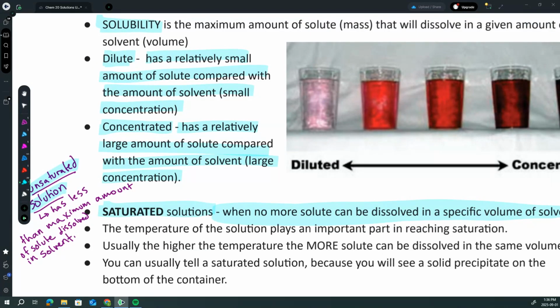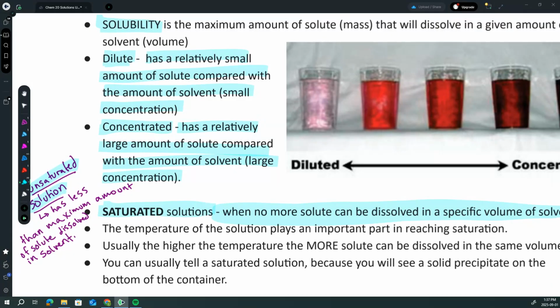Now, with creating saturated solutions, the temperature of said solution is going to be an important part of creating saturated solutions. Okay, so if you're thinking about a glass of water and trying to dissolve salt in it, you're going to be able to dissolve a lot more salt in that water if you warm it up.